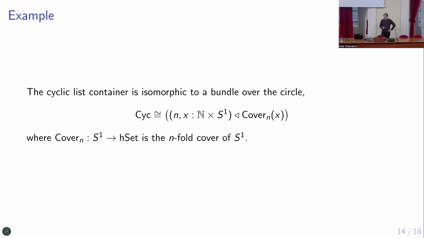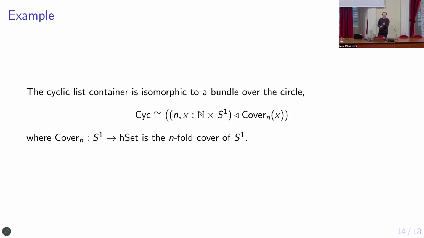Yeah. If you go back to our example of cyclic list, we can now look at what this corresponds to as a symmetric container. So the cyclic list as defined earlier is isomorphic as a container to one that has interesting shapes. The shapes now are products of natural numbers and points in the circle, and the family of positions over those is n-fold covers of the circle.